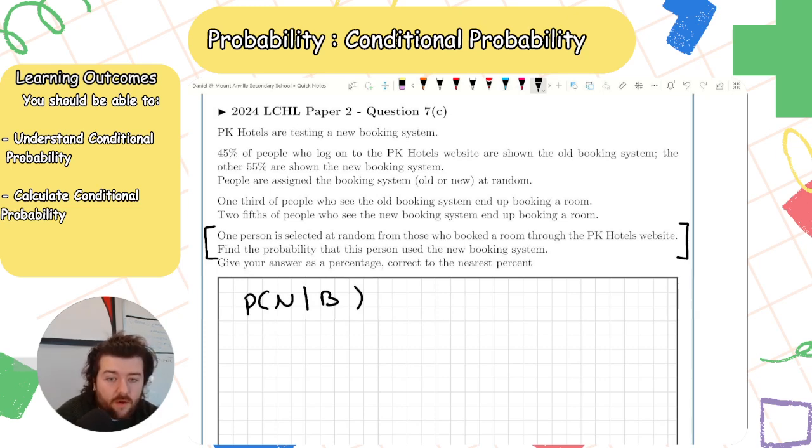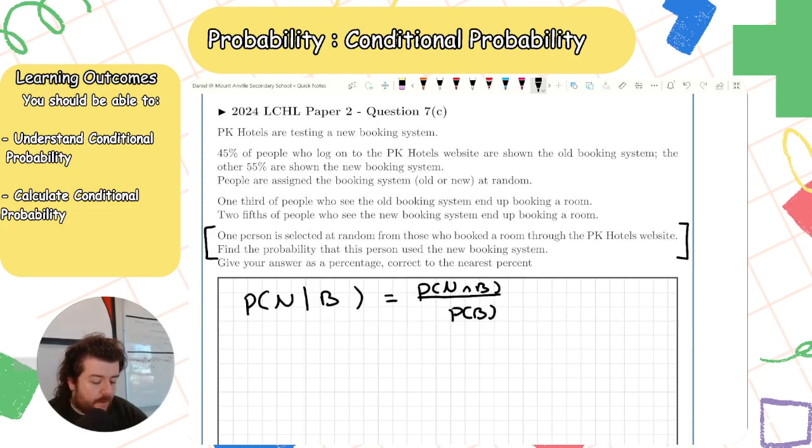I'm looking for N given B. That is probability N intersection B all over probability B. So the probability that they used the new booking system and booked a room in the hotel over the probability that they booked.